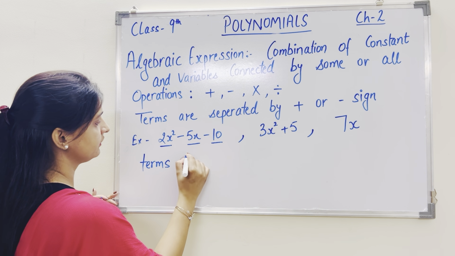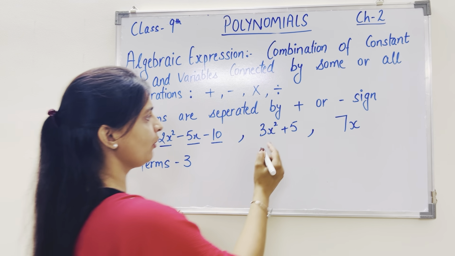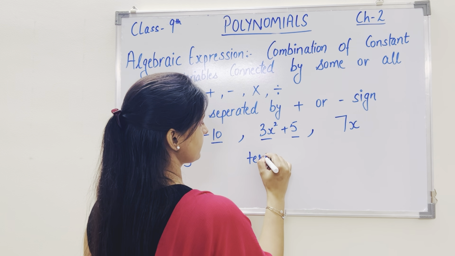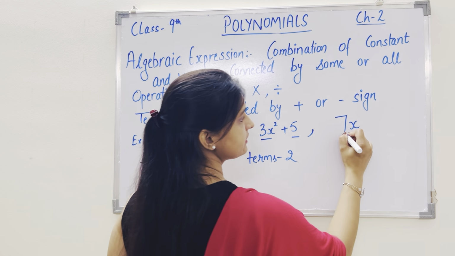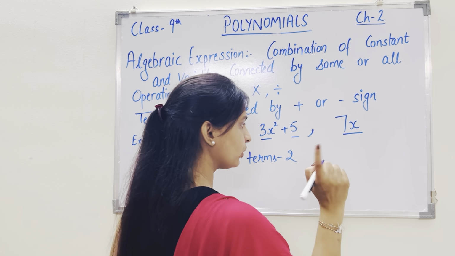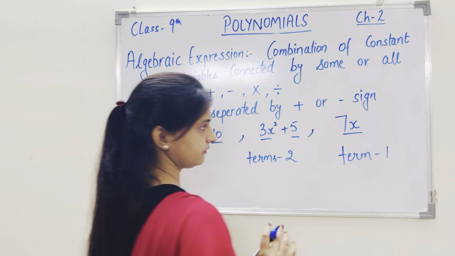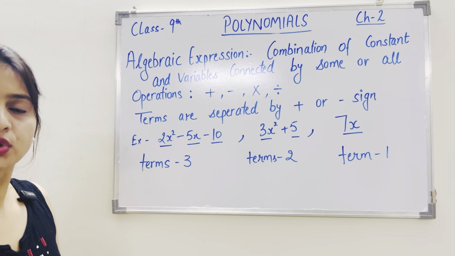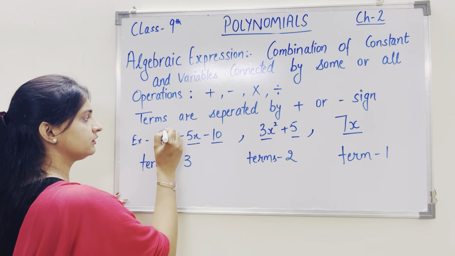There are three terms in this algebraic expression. How many terms in this algebraic expression? This algebraic expression has two terms. This algebraic expression, 7x only, how many terms? One term.